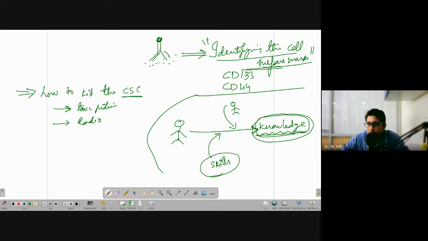Cancer is a complex disease. It is not one disease, right? As we discussed earlier, the only common property is a dysregulated cell cycle. The rest of the things are different, and it's not easy to treat any of the cancers.